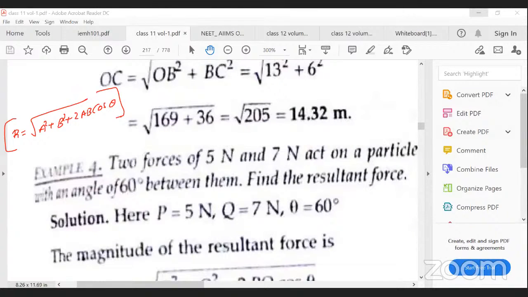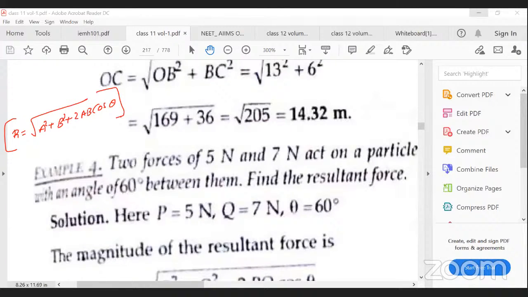I'll solve it. Those who completed, give me the answer. Make it fast. If you have a doubt, ask, I'll solve it.